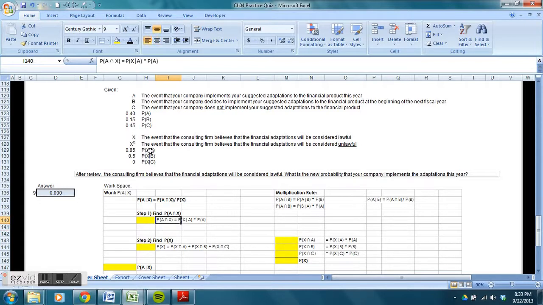I see that I know the probability of X given A, so that's what I use here. But another equation that would also be correct would be the probability of A intersect X equals the probability of A given X multiplied by the probability of X.